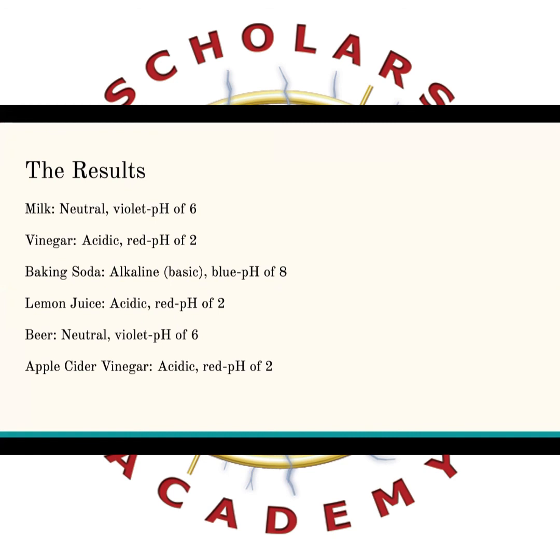Lemon juice is acidic because it had a red or pink color, meaning its pH is around 2. Beer had a neutral color because it was violet, and its pH is going to be around 6. Apple cider vinegar is going to be acidic, and it's around the pH of 2.